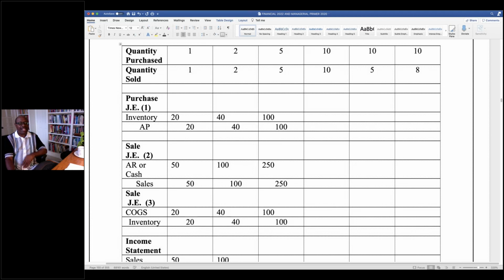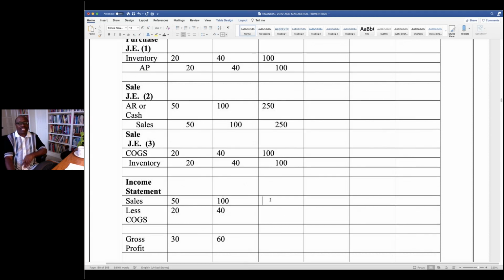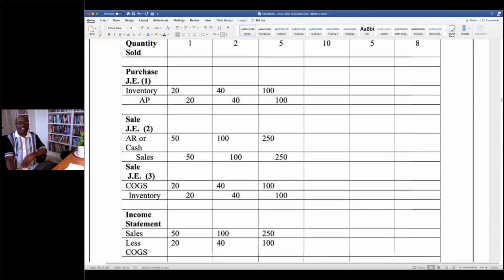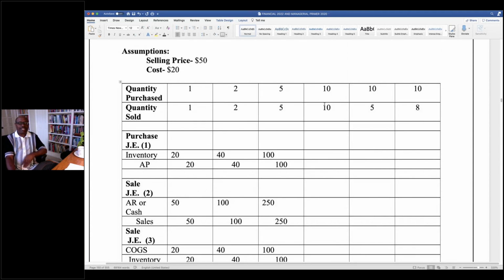Y'all getting this down? And now when we do the top of that income statement, sales is what? 250. Cost of goods sold, 100. Gross profit, 150. See, y'all getting this down. Let's sell 10. So we get to some higher numbers.